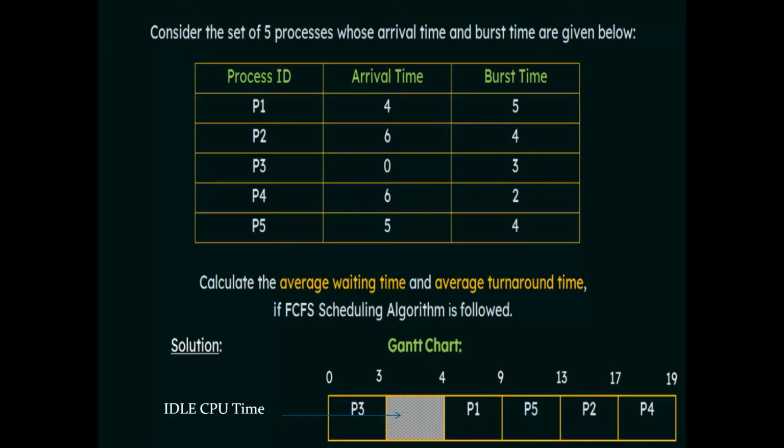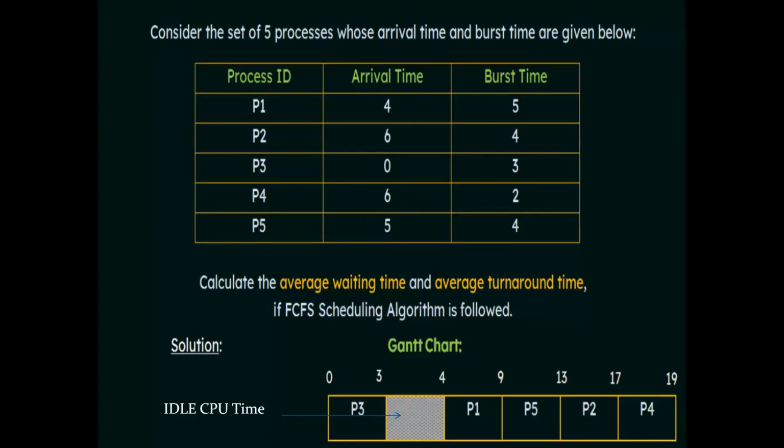So starting from the 4th unit, the process P1 executes for 5 units of time. So it completes at the 9th unit of time.